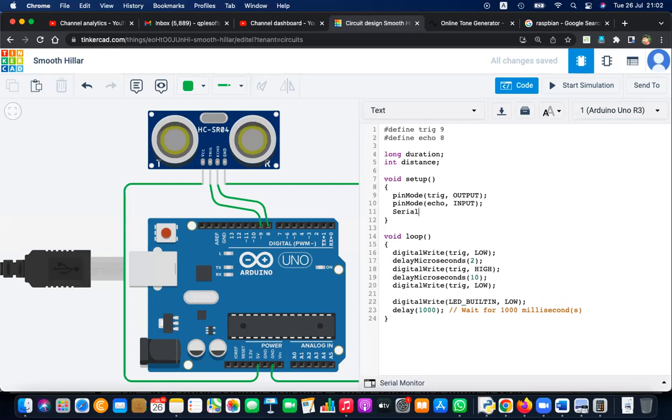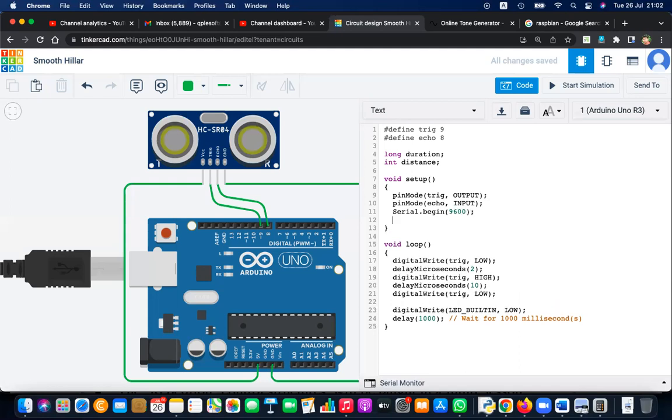So Serial.begin, and you can begin with a 9600 baud rate, and then you can Serial.println, let's say, ultrasonic sensor experiment.